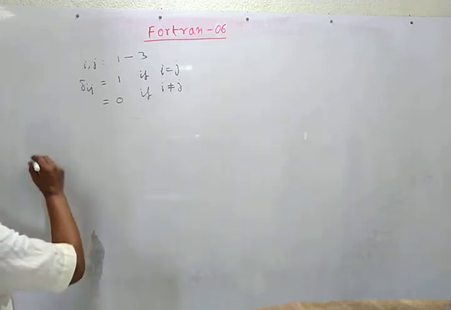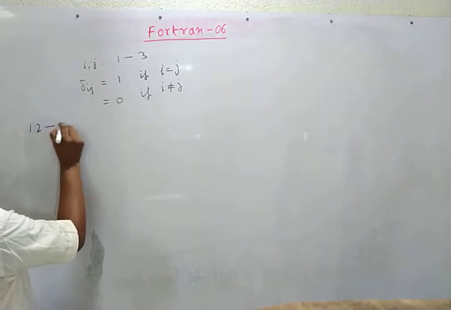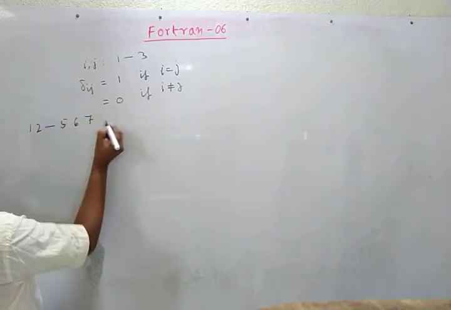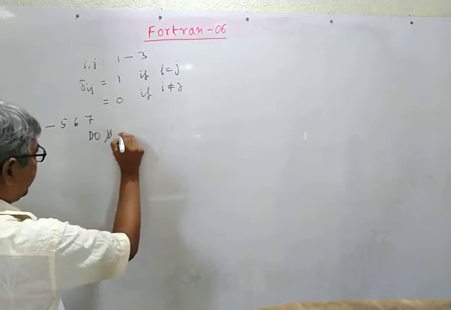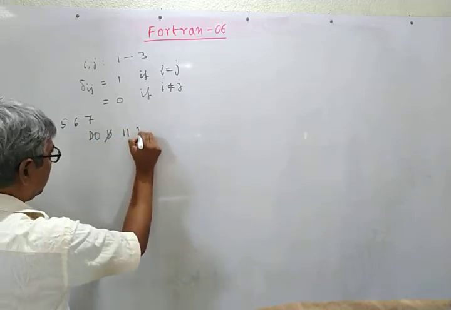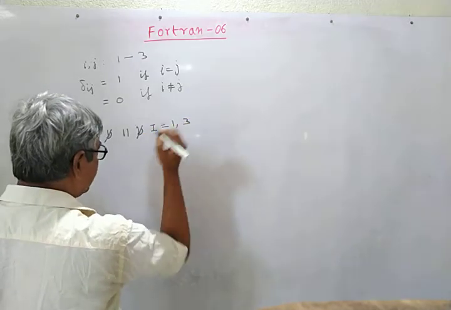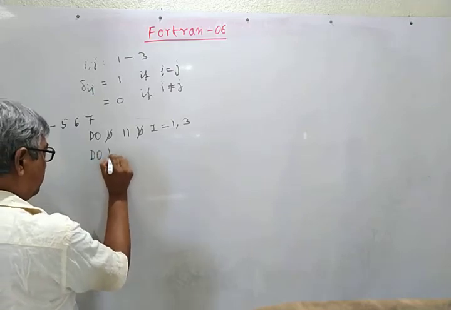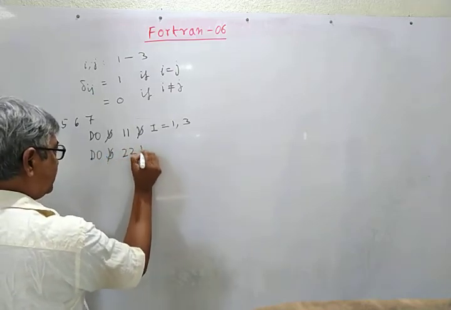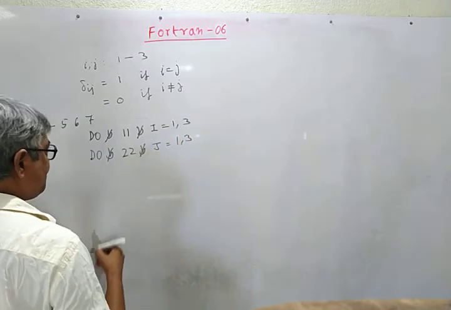So to this we write: do, blank, statement number 11, blank, i is equal to 1, 3. Then the second loop, the j loop: do, blank, 22, blank, j is equal to 1, 3.